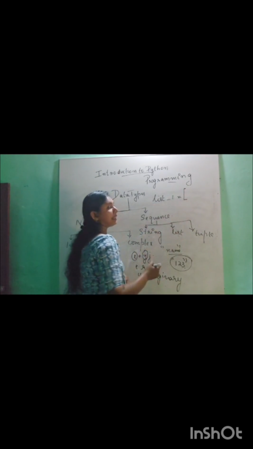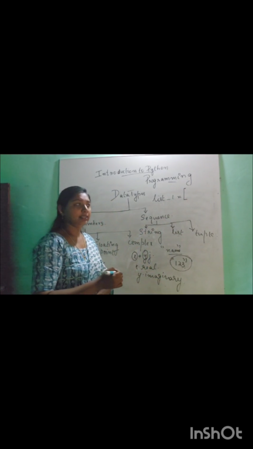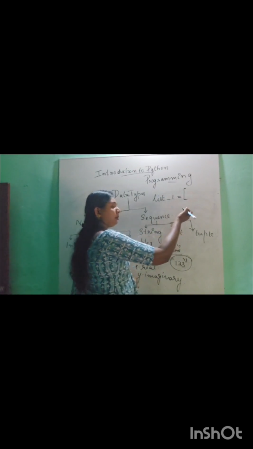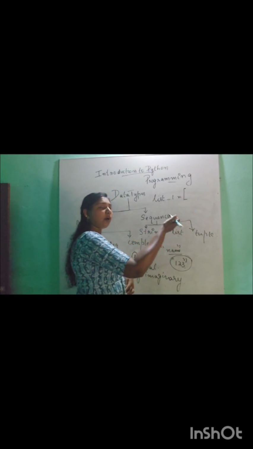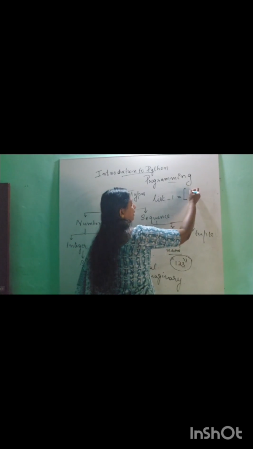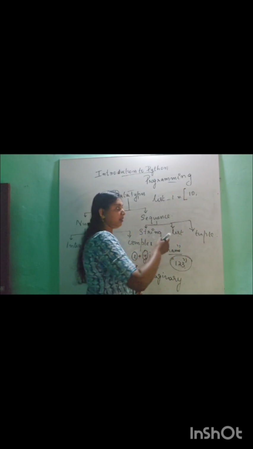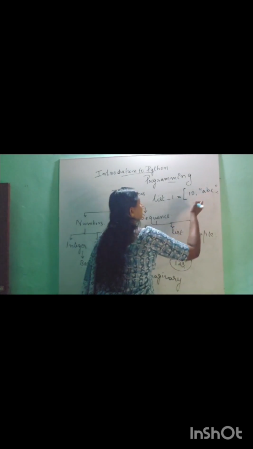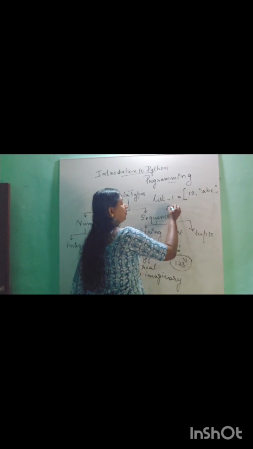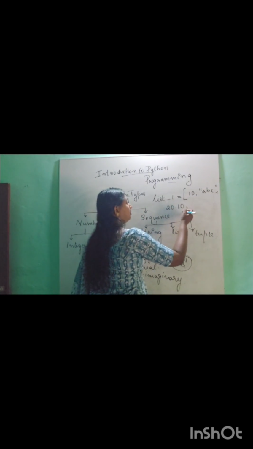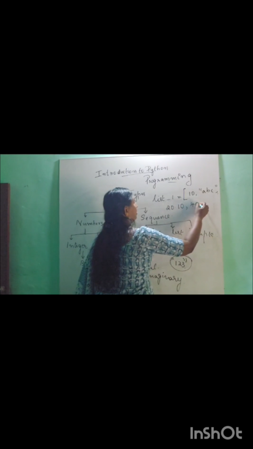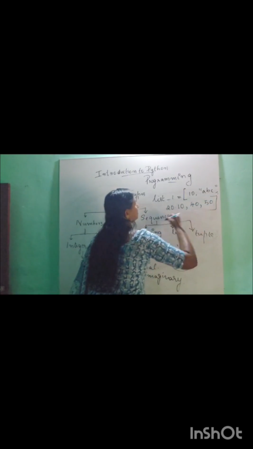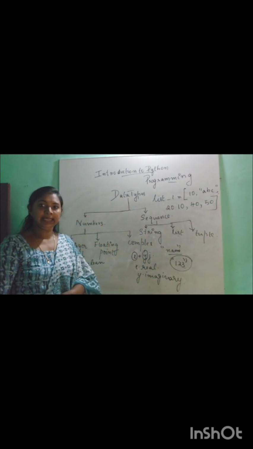A list is created using square brackets. A list can contain numerical values, strings, or any collection of data types. The first value I am giving is 10. The second value is ABC. The third value is a float value 20.10. Then again 40, 50, etc. This is a list.